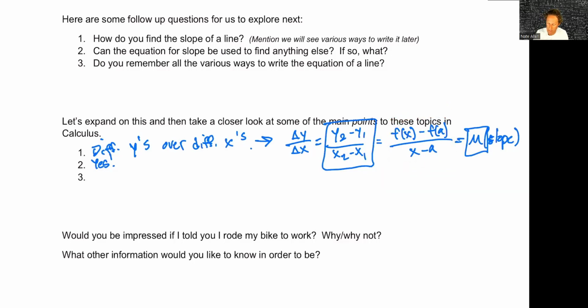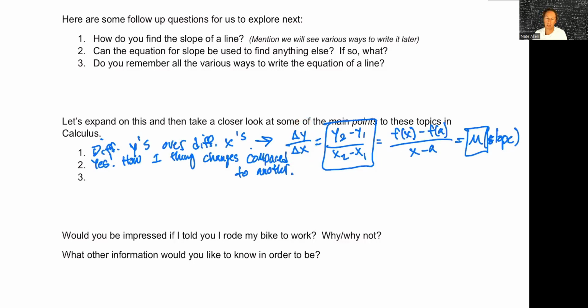So what we are looking at with the slope is how one thing changes compared to another. Again, change in our y's over the change in our x's, right? It could be the change in our position over time, right? How many miles did we go in how many hours? We'll talk more about that and bridge that gap from algebra to calculus in a bit, all right?